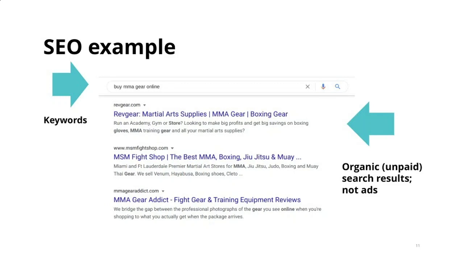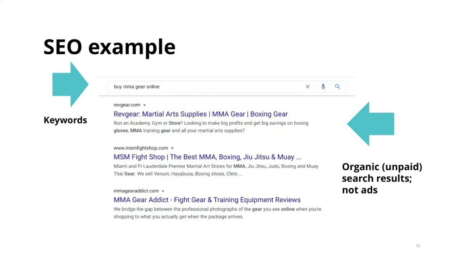These are not ads, and it's really important to have good search engine optimization because 80% of people using Google don't check the second page of Google results. So you want to make sure that you are working with search engines to make sure that your pages are visible. And my colleague Mallory will actually be going over this a little bit more in her session next week if you're interested.